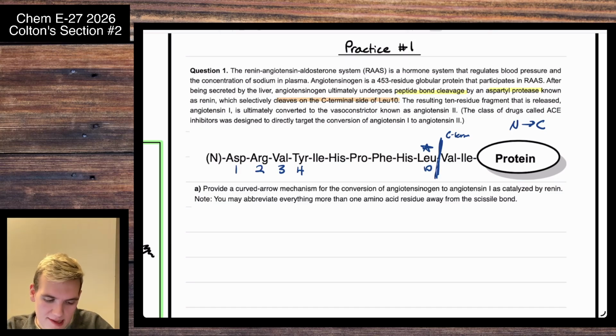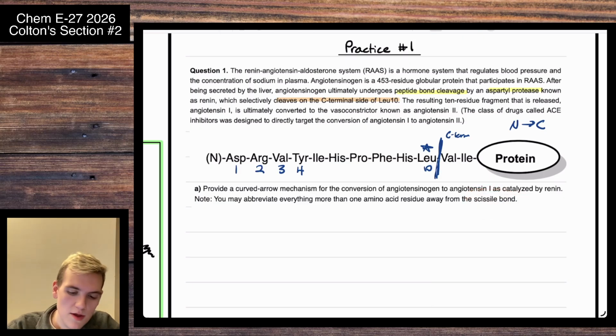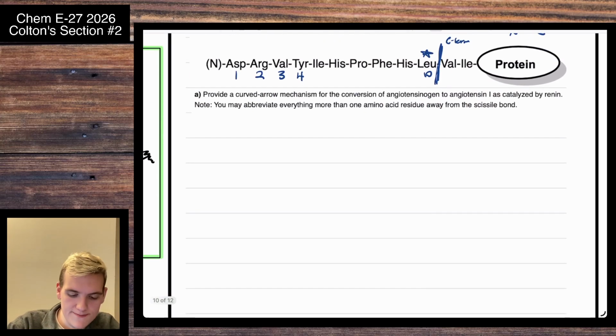Okay, so it says you may abbreviate everything more than one amino acid away from the scissile bond. Fancy word for the bond that we are going to cut. So, let me start by drawing that leucine. I want it to be consistent with before, so do I do it up or down?